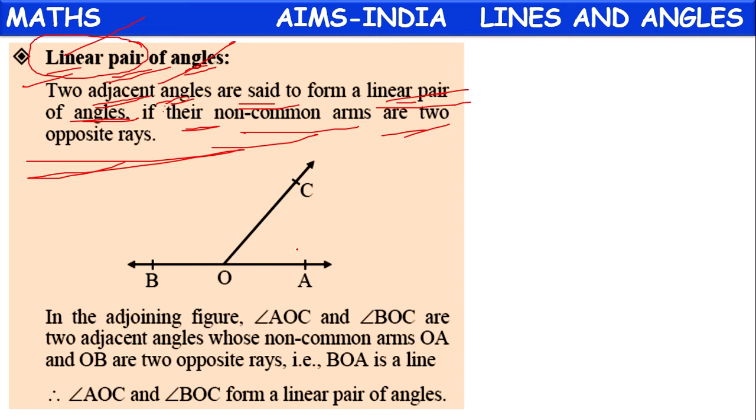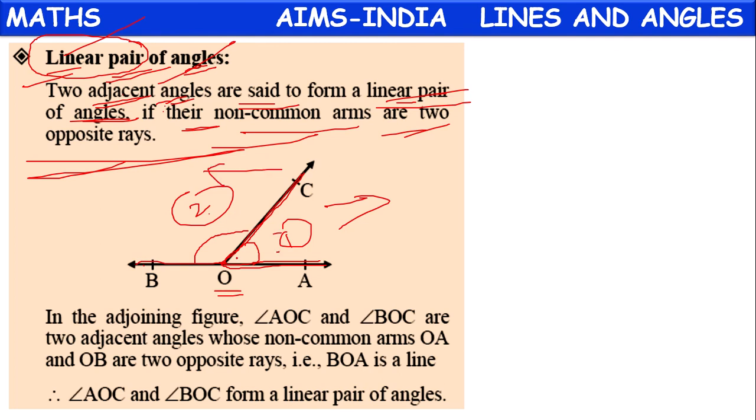So here in this figure, AOC is one angle, BOC is the other angle. This is the first angle, this is the second angle. These two are adjacent angles because they have common vertex O, common arm OC, OA is the non-common arm towards this side, OB is the non-common arm towards this side.